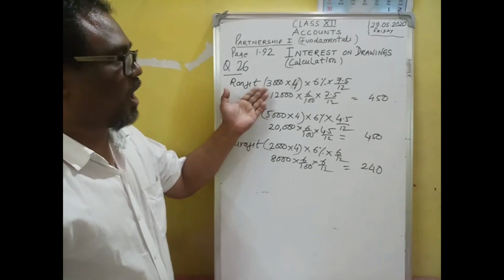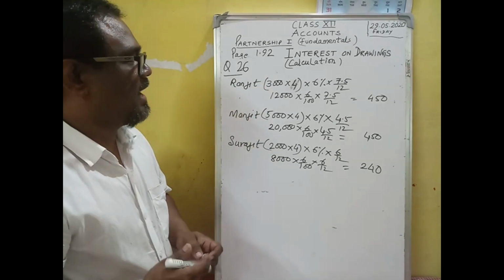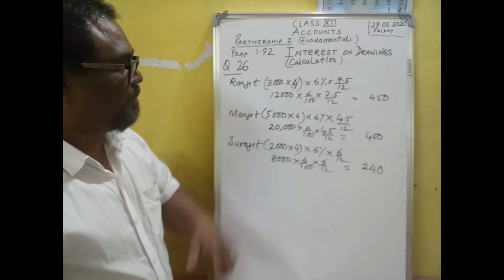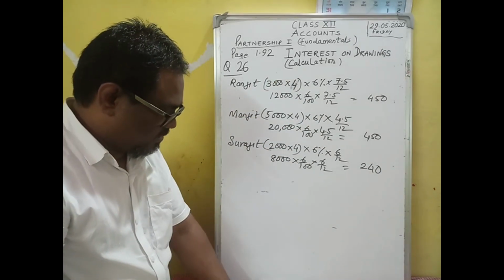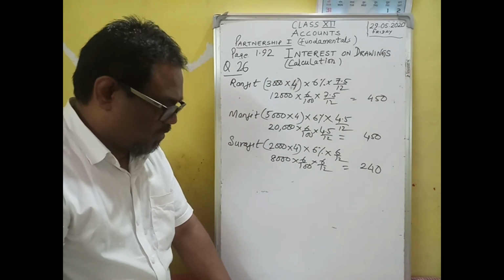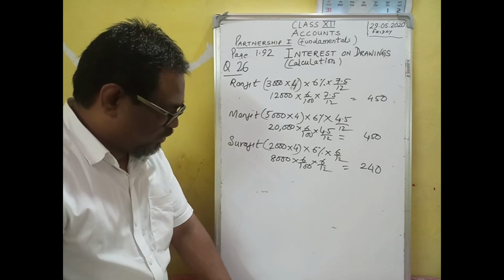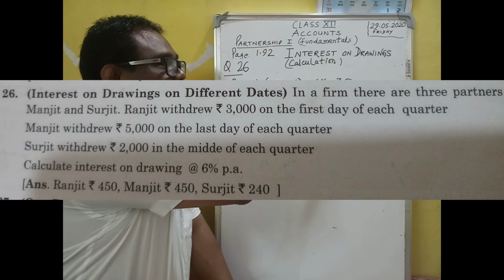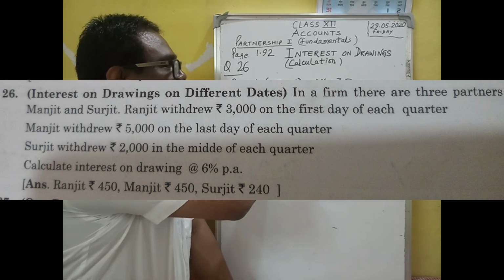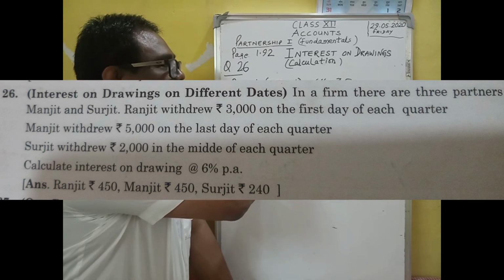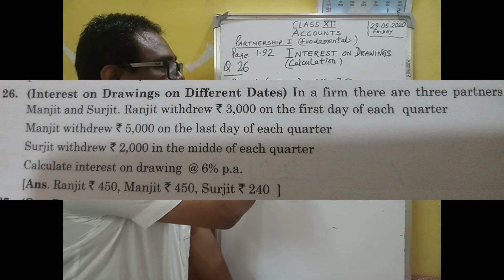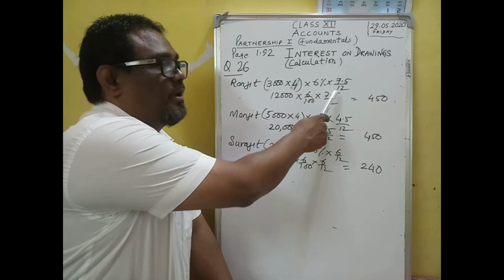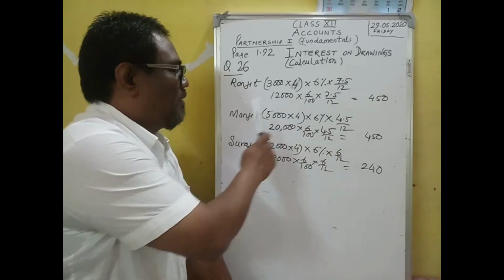Ranjit withdrew 3,000 on the first day of each quarter, at the beginning of each quarter, so we take it for 7.5 months. That is 12,000 for 3,000 quarterly, 12,000 in a year, 6% into 7.5 by 12.